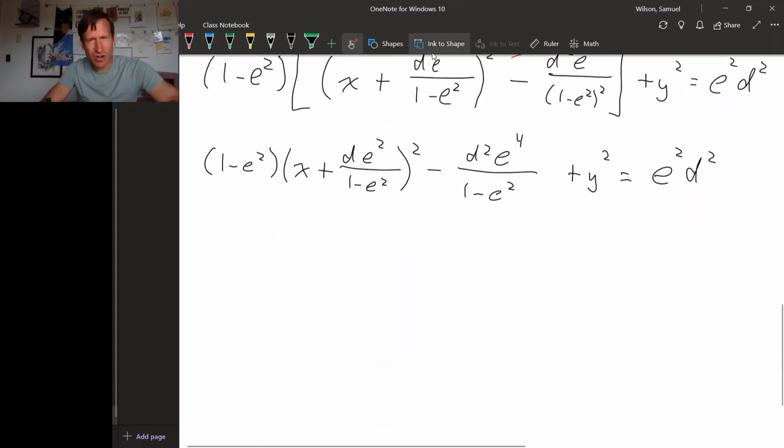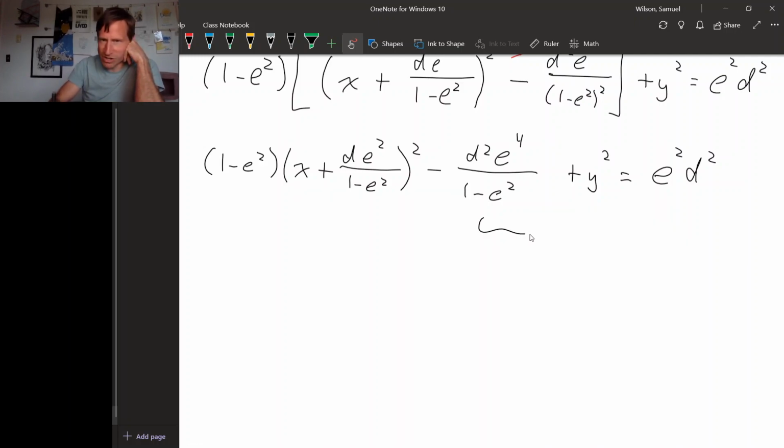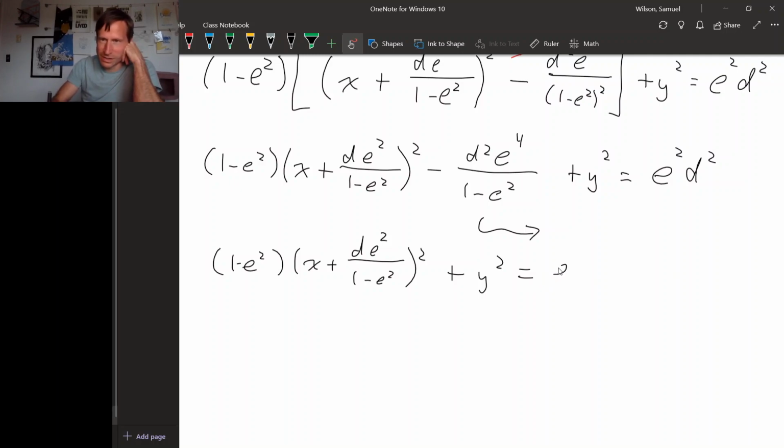It's starting to look more and more like a conic section as we do this. Let's move this constant term to the right. 1 minus e squared times x plus de squared over 1 minus e squared, all squared, plus y squared equals e squared d squared plus d squared e to the fourth over 1 minus e squared.